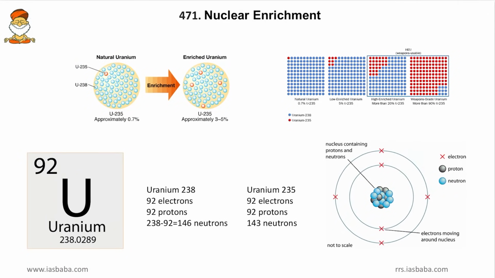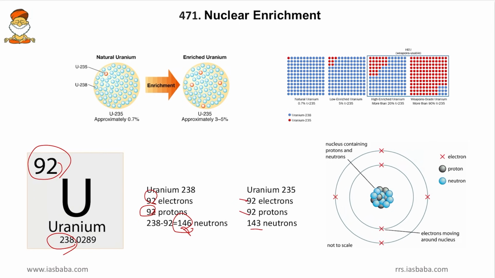Friends, we know that some of the metals occur in 2 to 3 forms and they are called isotopes. For example, uranium occurs in 2 forms, uranium 238 and uranium 235. Uranium 238 has 92 protons, 92 electrons and 146 neutrons. If we remove 3 neutrons from this, we get 92 electrons, 92 protons and 143 neutrons.